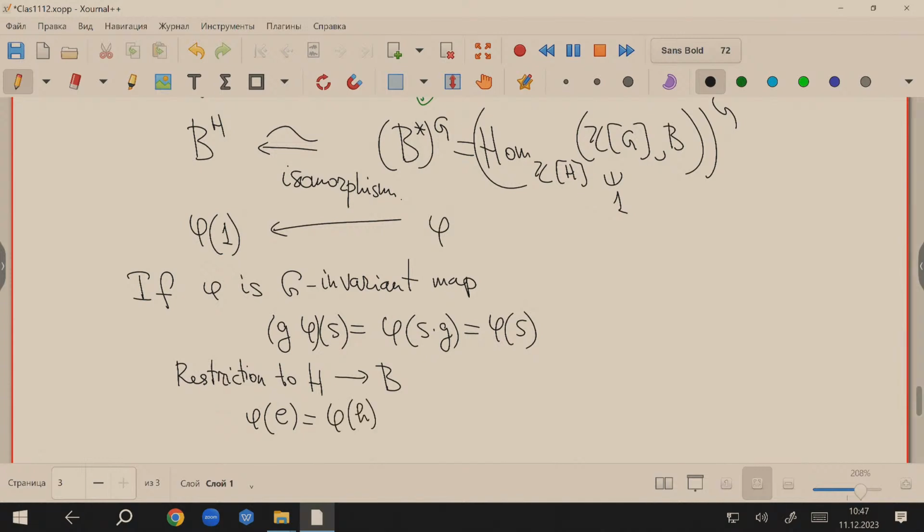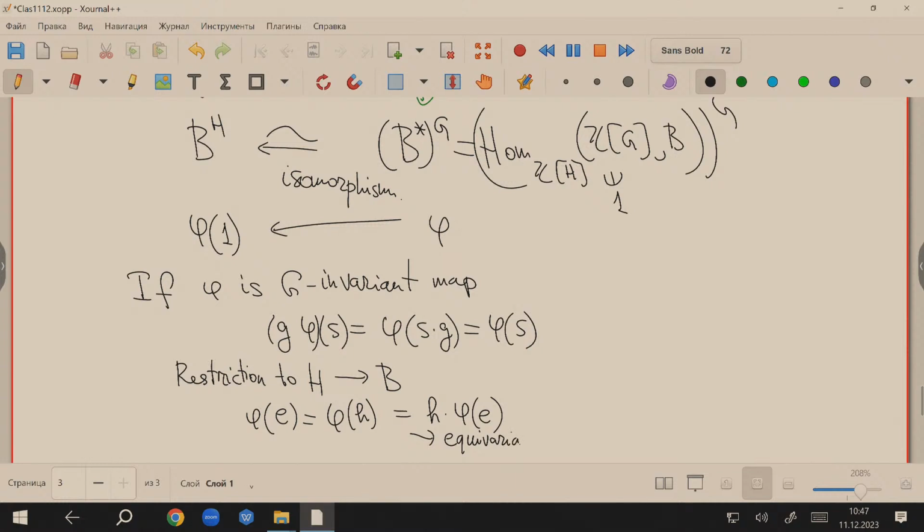This is just saying that you have h times phi(e). This is equivariance with respect to H.